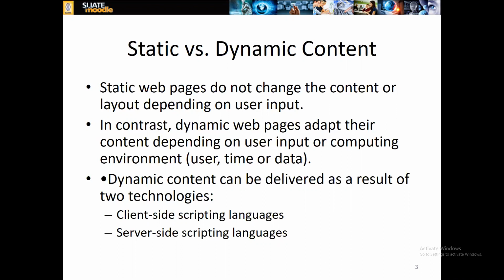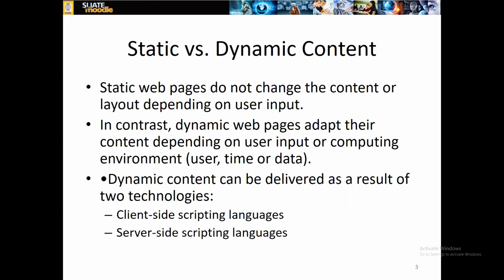So dynamic content can be obtained using two technologies, client-side scripting and server-side scripting. Static web pages can be made using HTML and CSS. In dynamic content, the client-side scripting languages can be JavaScript, Ajax, and so on.